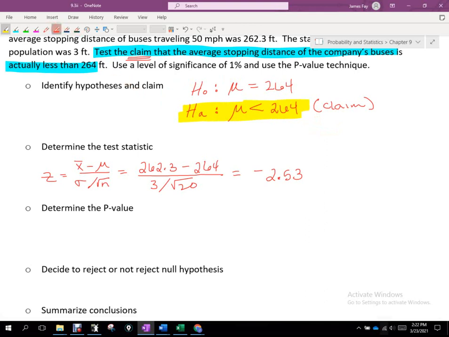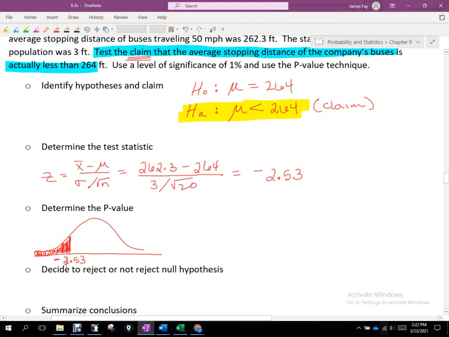So our p-value is going to be the area to the left of where our test statistic kind of creates that separation, okay, of the area to the left and the area to the right. So we need to find that p-value.